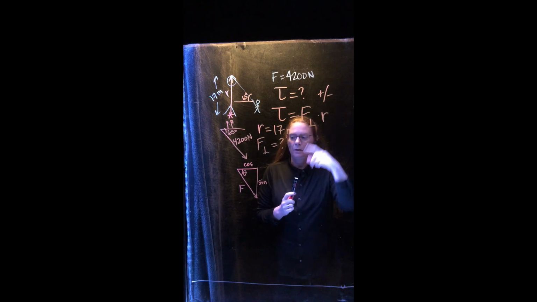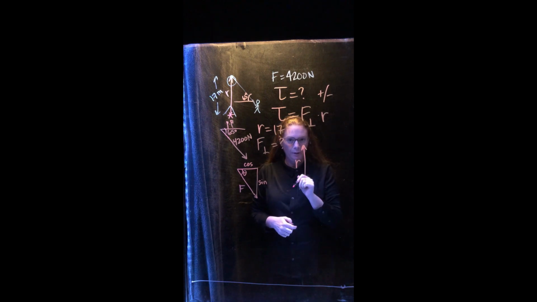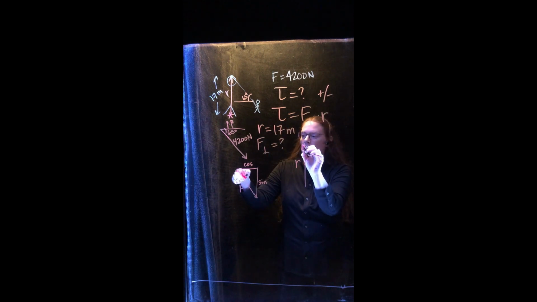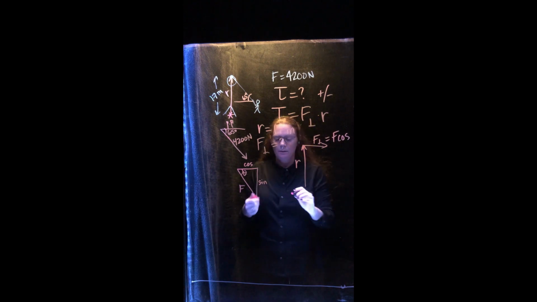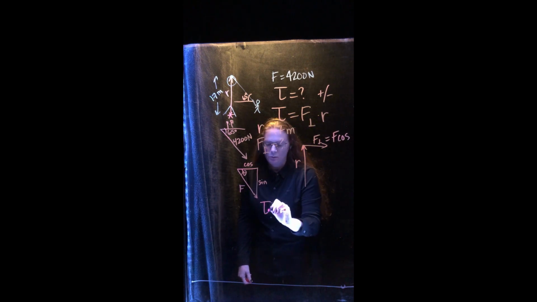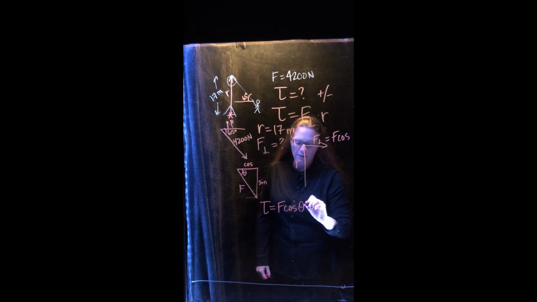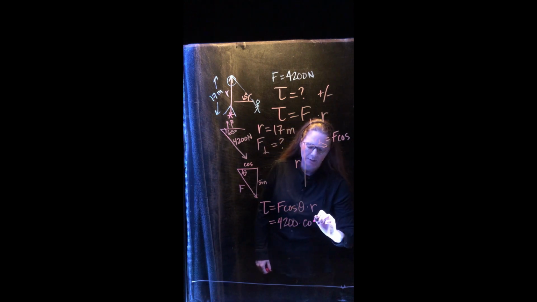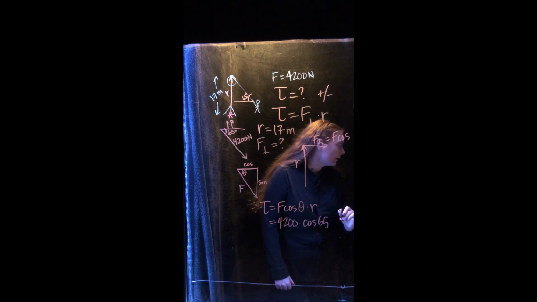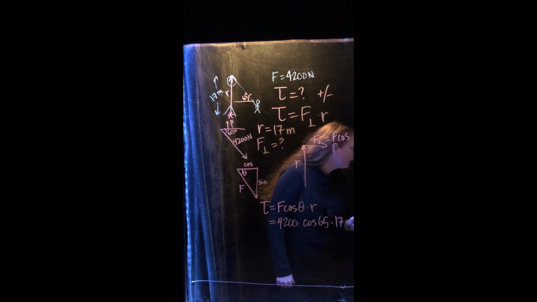Well, my lever arm was like this, which means the perpendicular component of the force would be this part, which is F cosine theta. So the torque equals the perpendicular force, F cosine theta, times R. 4,200 newtons times the cosine of 65, it was 65, right? Yep, times 17 meters. And what do you get?